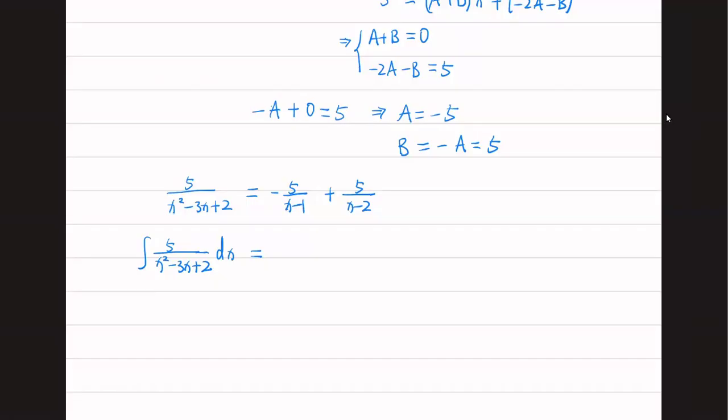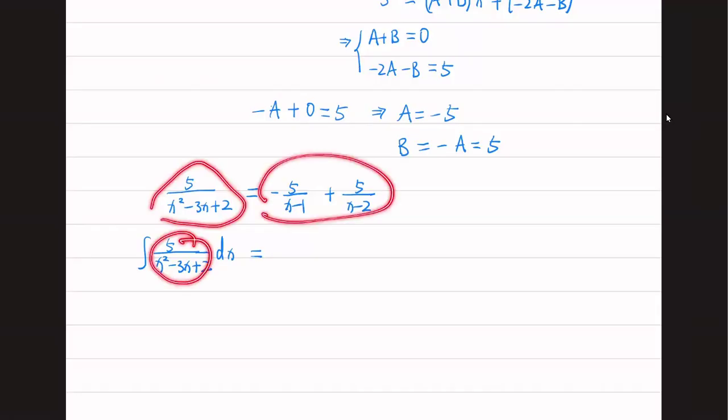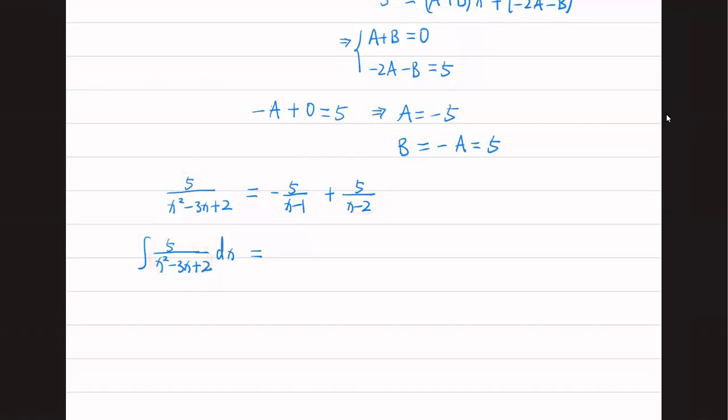So the first step, you replace this factor by the decomposition. Then the integral of the two parts will be the integral of them separately. Okay, so the first step, just the substitution.